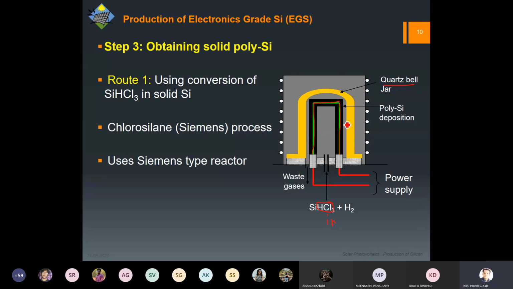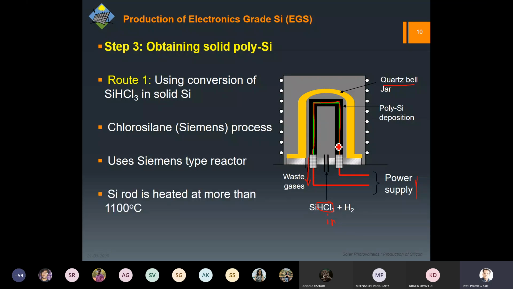You can see whatever is black, that is the polysilicon deposition which is happening. There have to be some waste gases. Of course, that waste gas will be again SiCl3 or something like that, or HCl. So these gases are again purified and used. That is how you can optimize this. Of course, you require heating, and that heating is given by the power supply.